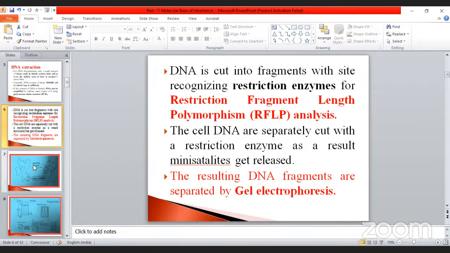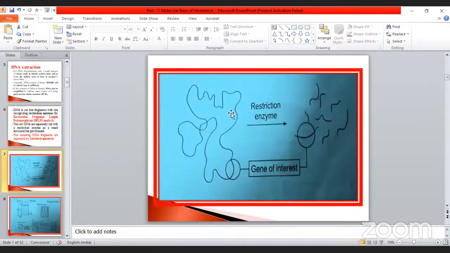See that one. So this is the DNA molecule, the entire genome molecule. Are you seeing that, my dear students? This is the isolated DNA molecule from the sample. These molecules are cut into different fragment structures with the help of the enzyme called restriction enzyme.